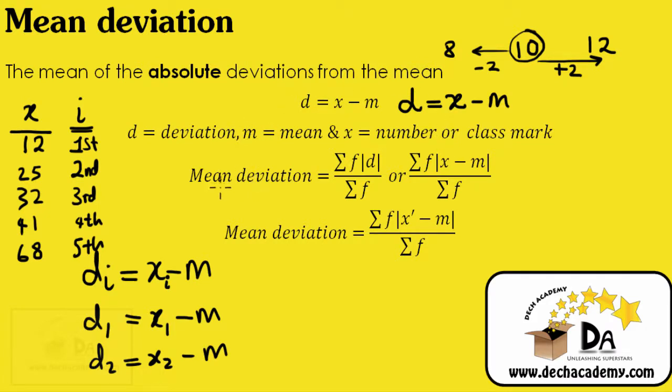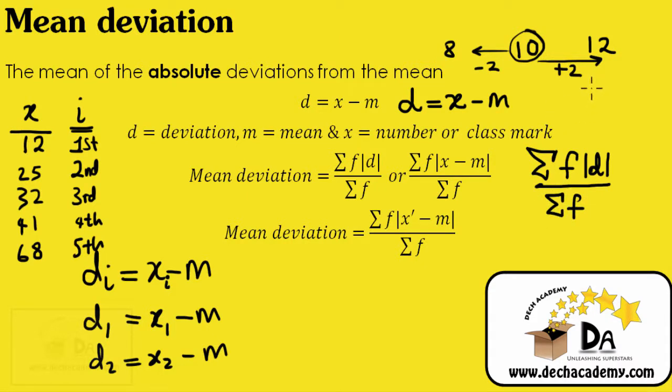Now, the mean deviation is given by this formula, and I'll just write that down. It's given by the sum of the frequency times the magnitude of every deviation, divided by the sum of the frequencies of the distribution.